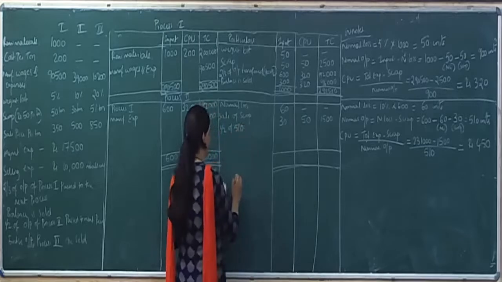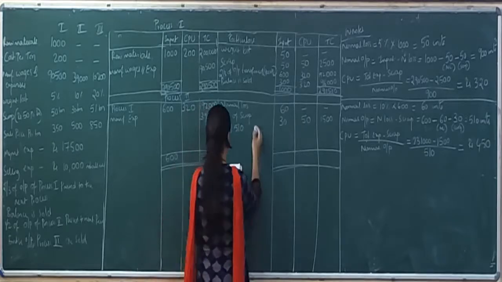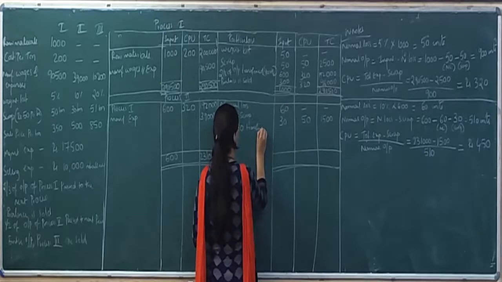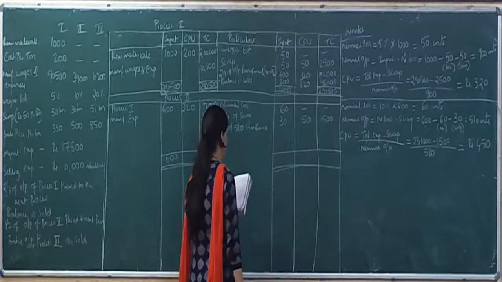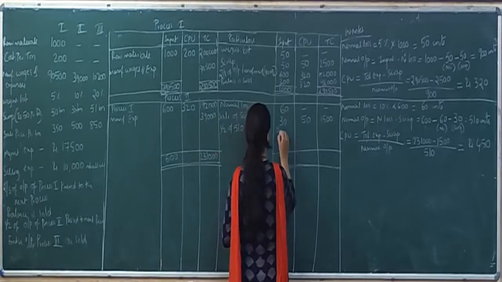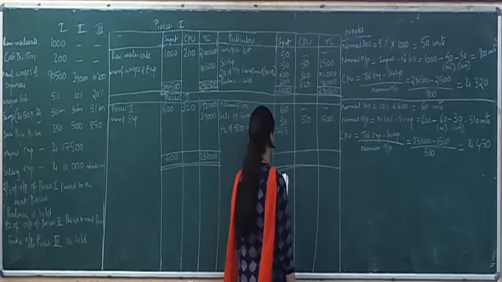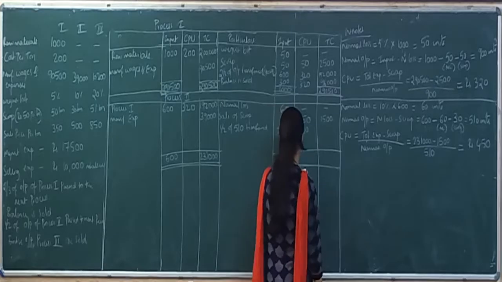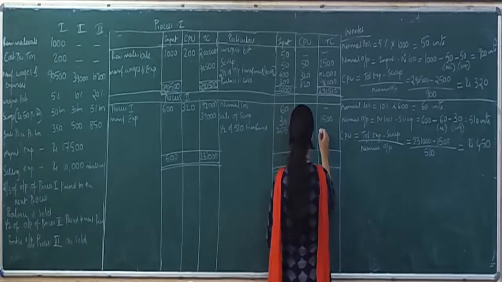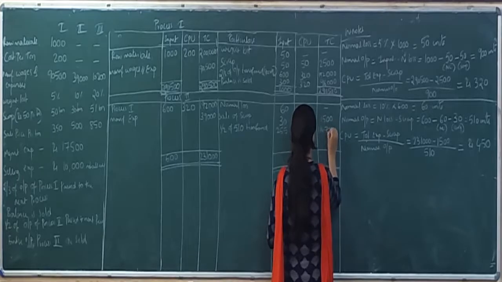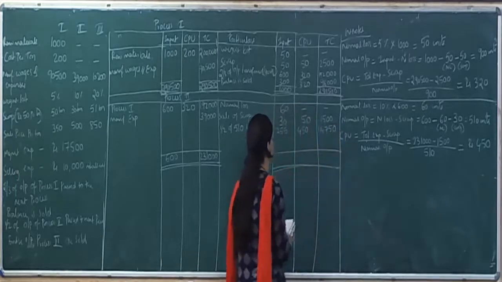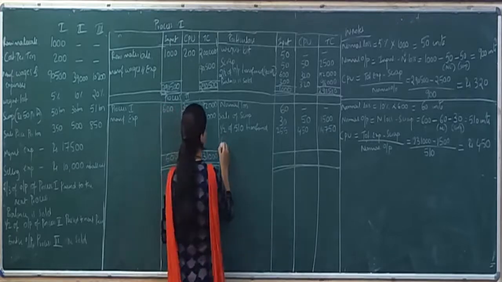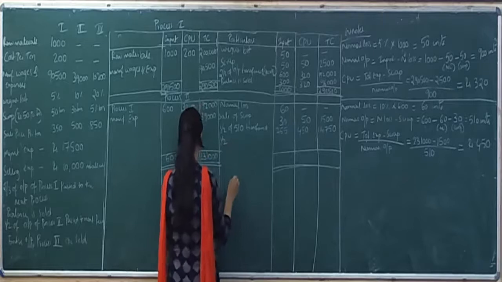Half of 510 is transferred to process 3, so that comes to 255. CPU we have found out as 450. 255 into 450 comes to 255. Now the remaining half is sold.